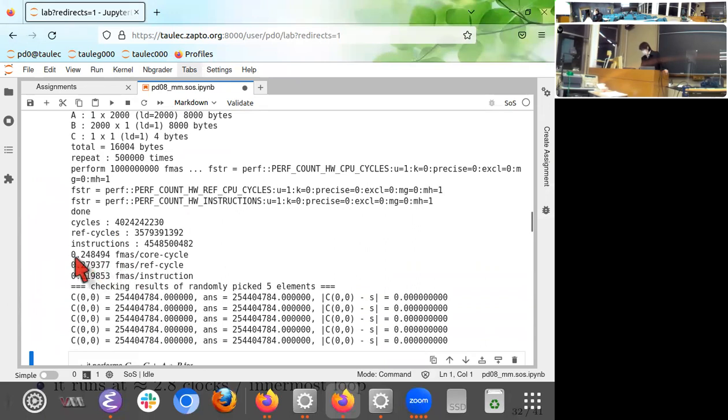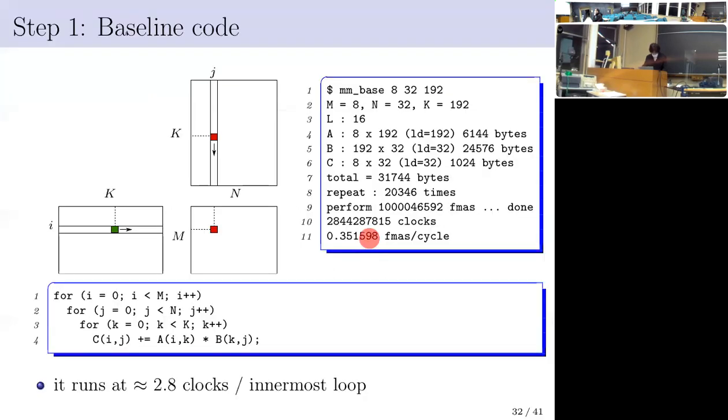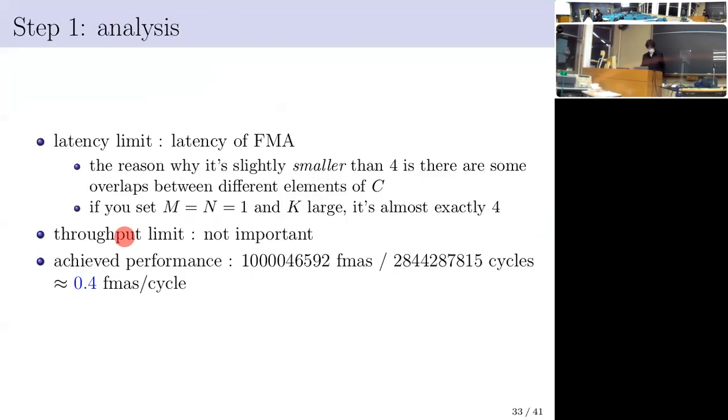It reports almost 0.25 FMAs per core cycle, which is equivalent to 4 clocks per iteration, right? So this precisely matches what we expect. The slight difference between 4 cycles per iteration and 2.8 cycles per iteration does not matter very much.